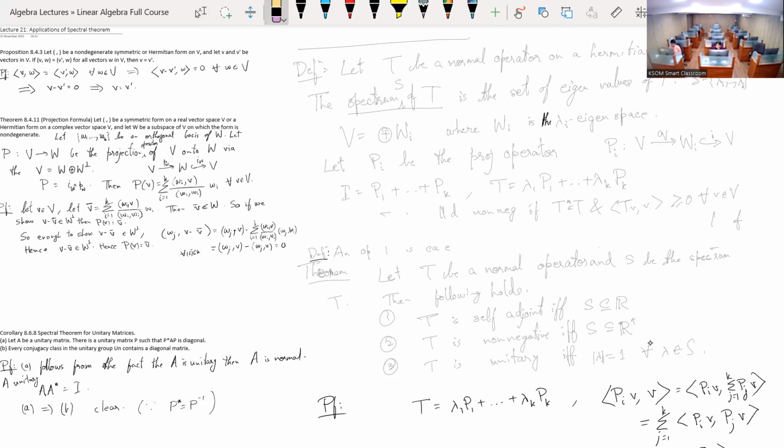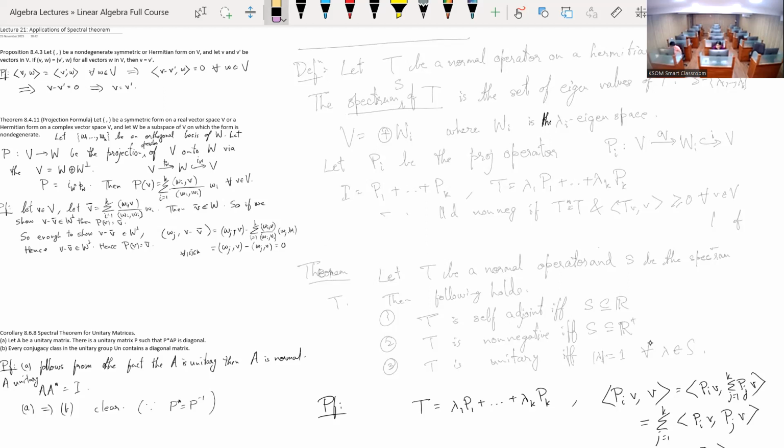When you do functional analysis, your operator will be on a bigger space, some Hilbert space or Banach space, and then the spectrum may not be a finite set; it may be bigger. I'm just telling you so that when you do functional analysis, you can connect with that idea.